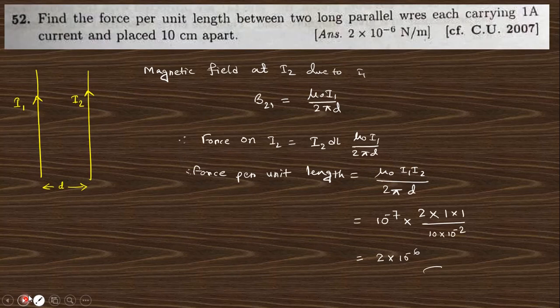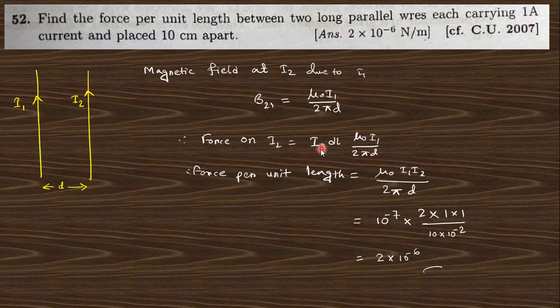Go to the next one: find the force per unit length between two long parallel wires each carrying a current of 1 ampere. These two current-carrying conductors are parallel, so the magnetic field at this point due to I1 is in the theta cap direction.